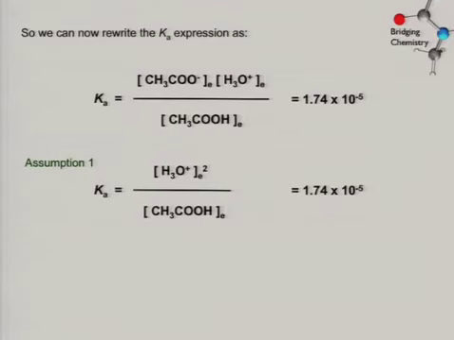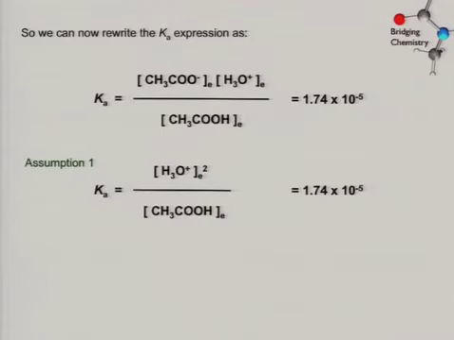We can now on the top put concentration of H3O plus at equilibrium squared. Right? Because if both of those concentrations are the same number, then multiplying the number by itself is the same as having that number squared. And so we rewrite the top line like that by assumption 1.